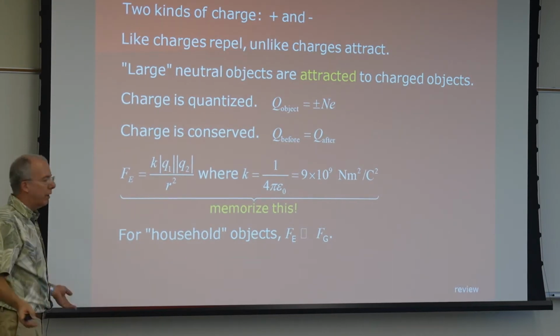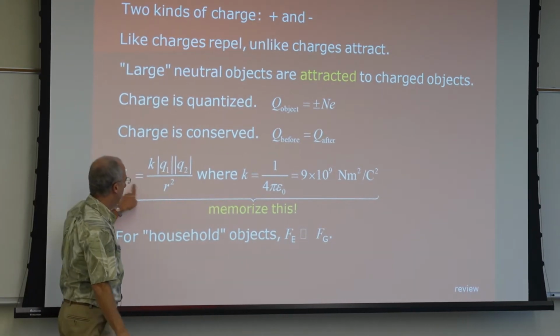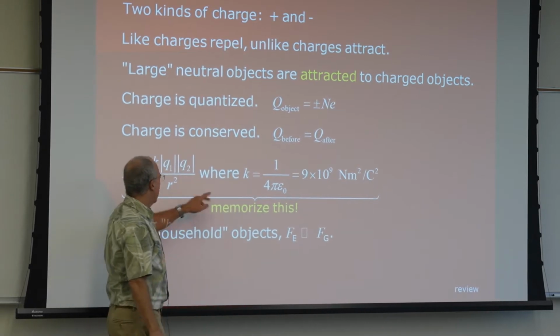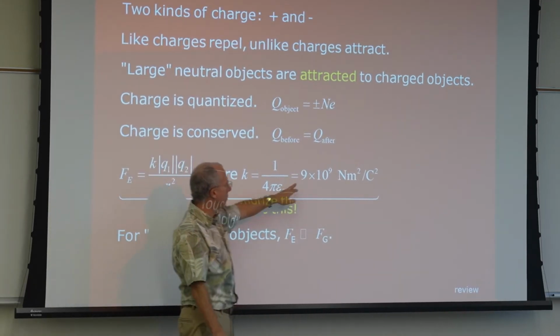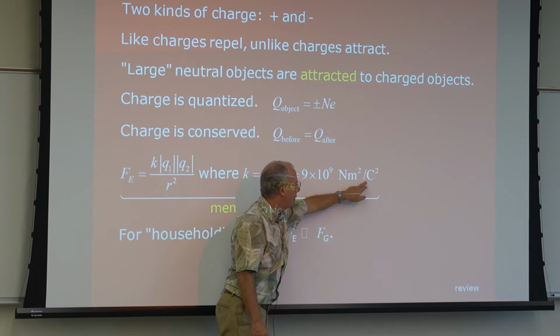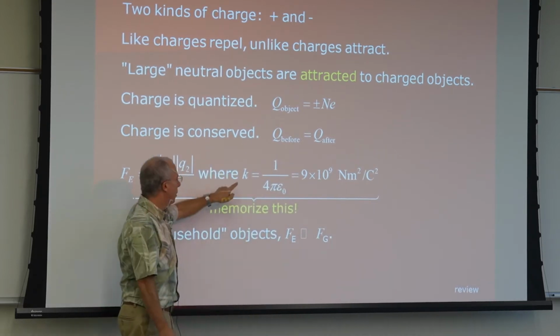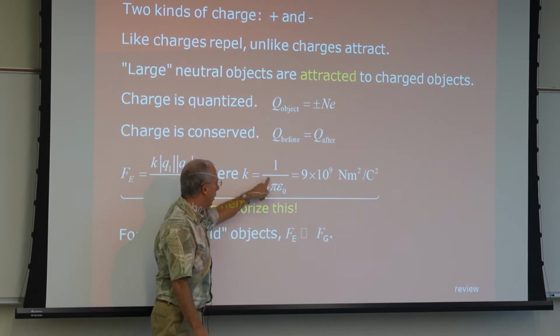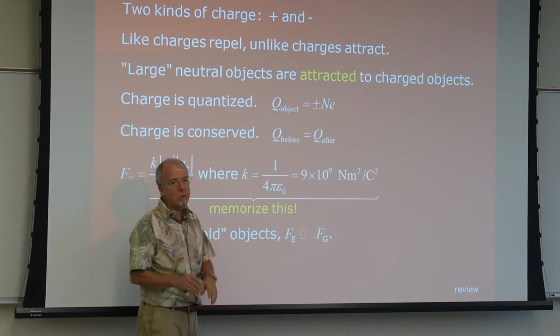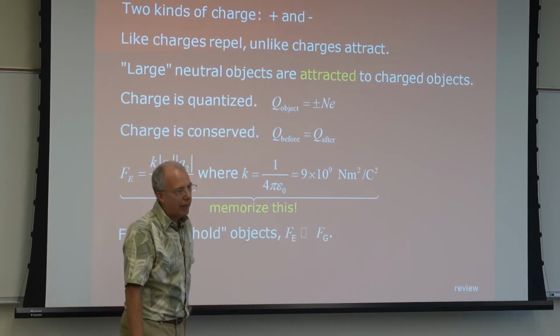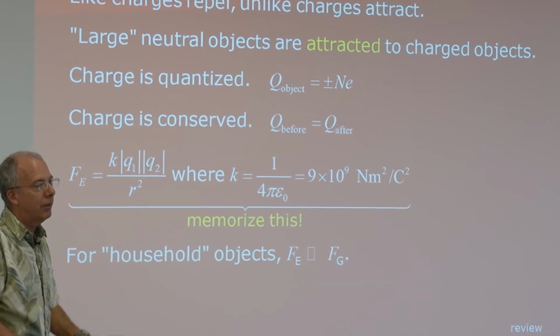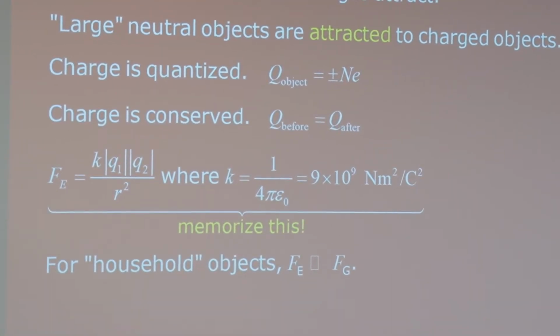So you figure out the direction. This just gives you magnitude. And so K is this constant, 9 times 10 to the 9th Newton meter squared over Coulomb squared. But honestly, you want to remember that K is 1 over 4 pi epsilon 0, because we're going to use that a lot later. I mean, it seems silly now, but trust me, we're going to use it.